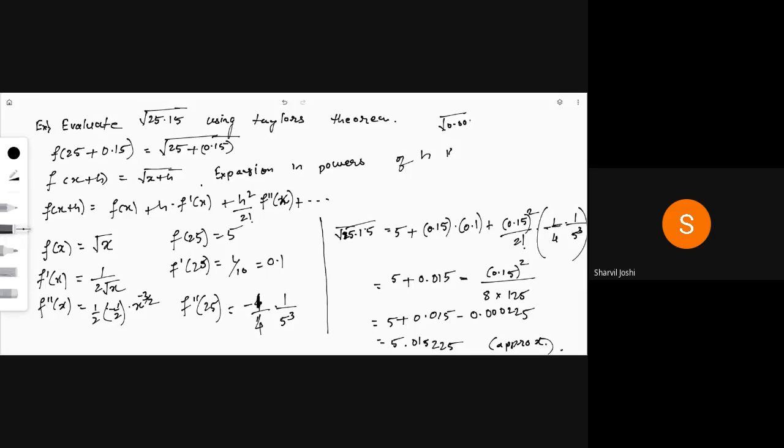For example, if we want to evaluate the square root of 0.0002 using Taylor's theorem, can we do that? Yes, of course, the square root of 1 minus something, but the calculations would be very lengthy and tough. Of course, but we can do that.